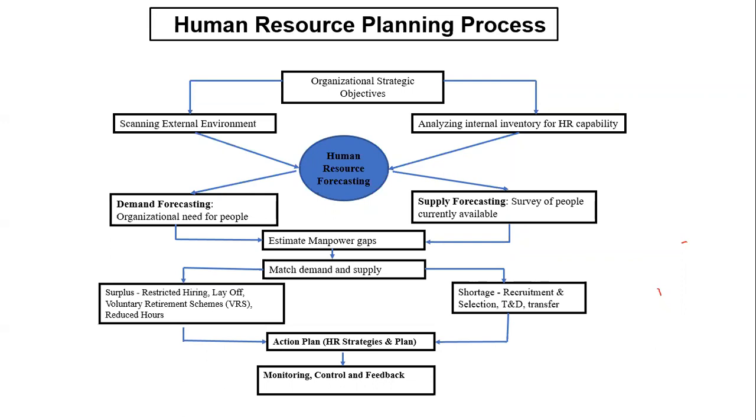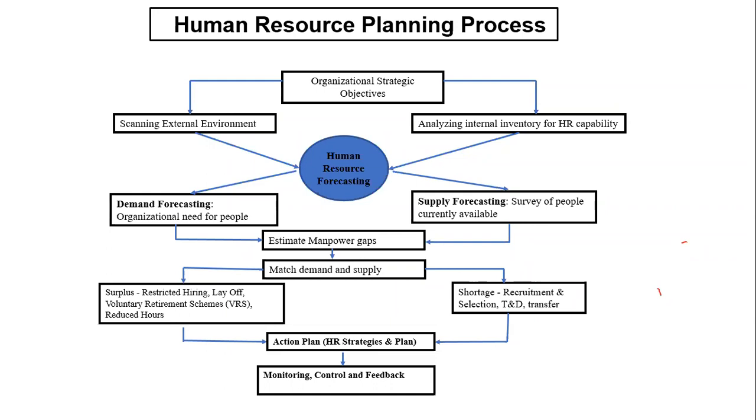Either there is a deficit or there is a surplus, and lastly, an equilibrium. We say there is an equilibrium when the outcome of demand forecasting is equal to the outcome of supply forecasting. It means that we were demanding 50 people, and our survey of the current people available also indicated that we have exactly 50 people, which means there is an equilibrium.